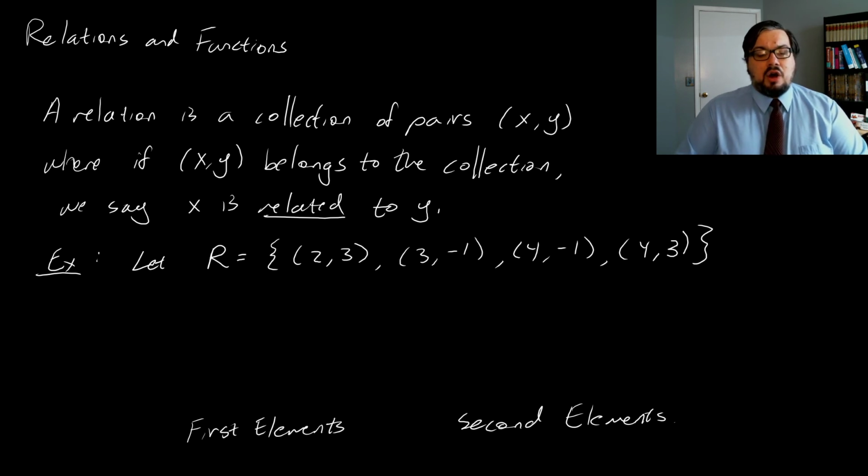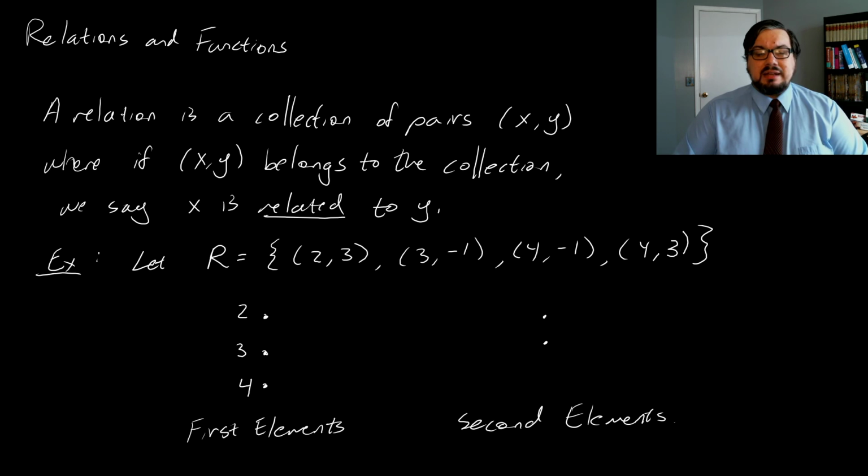So I can look at all of the different numbers that appear as the first coordinate of one of these pairs. And I see that 2 appears, 3 appears, and 4 appears. And then 4 appears again, but we've already written that down, so we won't do that again.